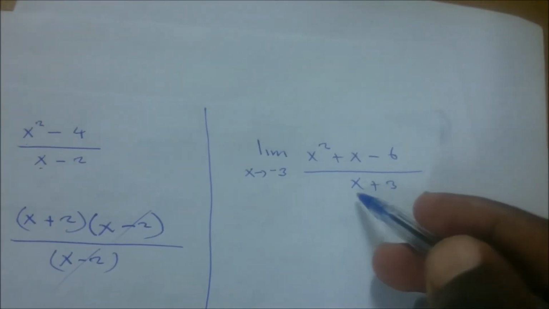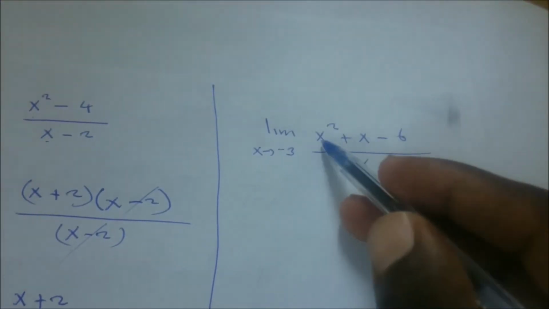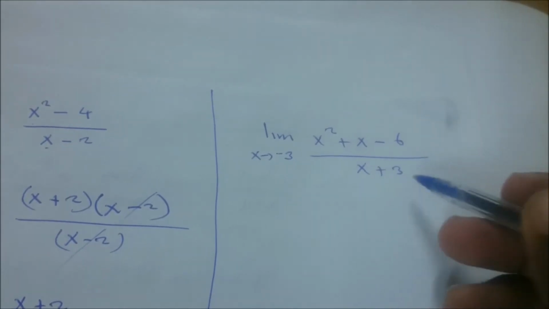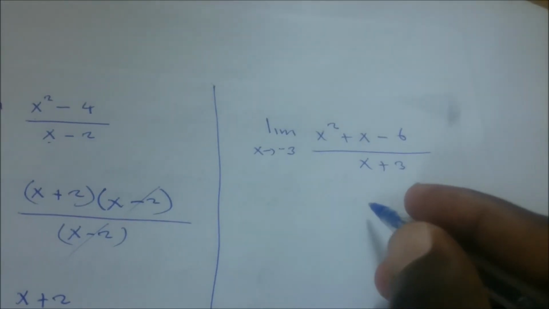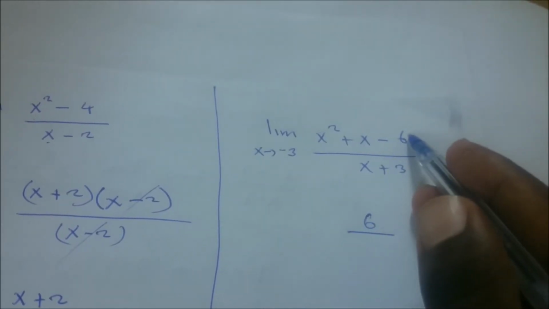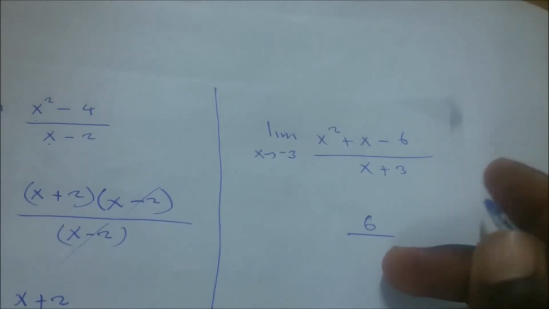So in this case, can you substitute? We can't. So we need to factorize the numerator. Let's use the trial and error method. We are going to get our 6.